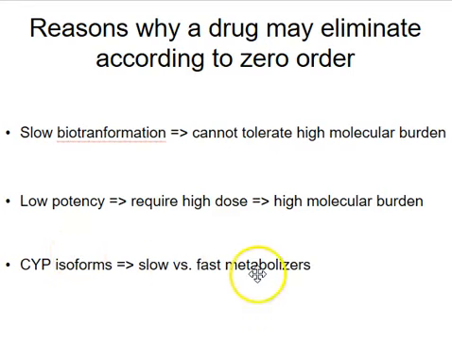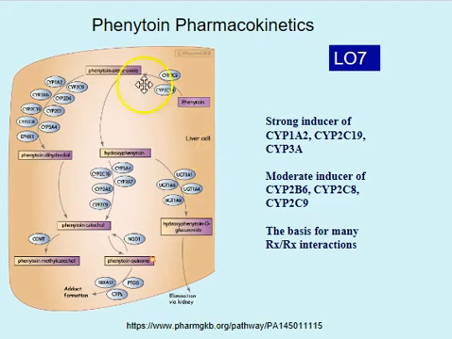There can be fast and slow metabolizers, like in the CYP2D6 story, but phenytoin itself offers dramatic alterations of the CYP enzyme pathway, which is shown here. These are all the different CYP enzymes responsible for the various metabolites of phenytoin. Phenytoin is a strong inducer of some of these CYPs and a moderate inducer of others, and this is really the basis for many of the drug-drug interactions out there.